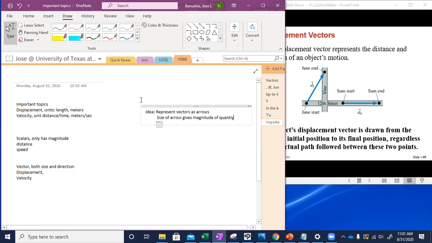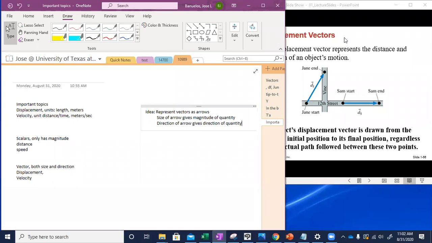And I'm saying quantity because it's not necessarily distance. It could be the velocity, the magnitude of the velocity. And then the direction of the arrow gives the direction of the quantity.